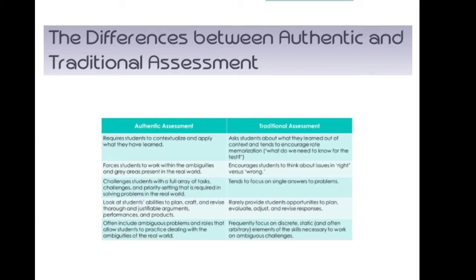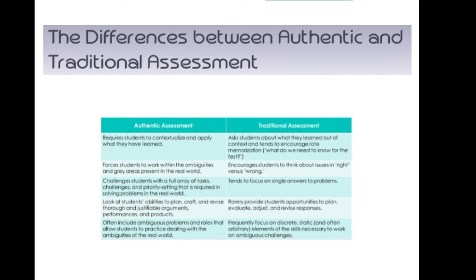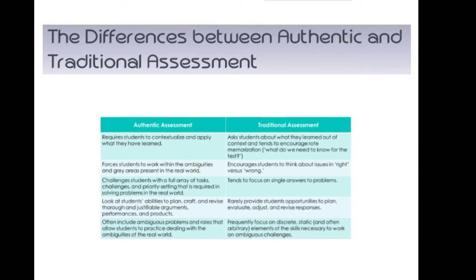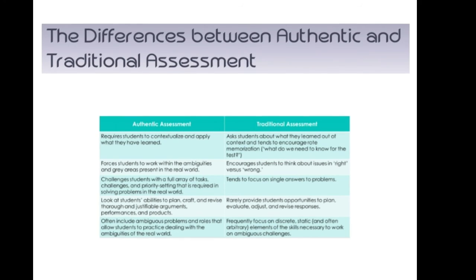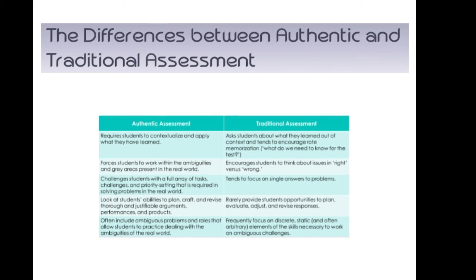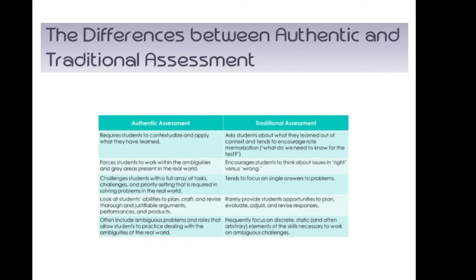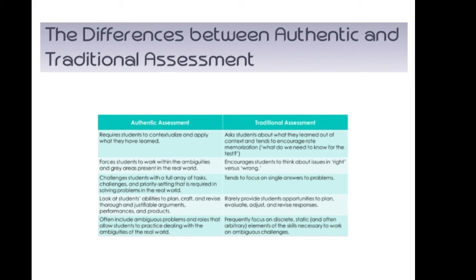But traditional assessment tends to focus on a single answer to problems. The fourth is authentic assessment looks at the student's ability to plan, craft, and revise strong and justifiable arguments, performance, and product. Traditional assessment rarely provides students opportunities to plan, evaluate, adjust, and revise responses.